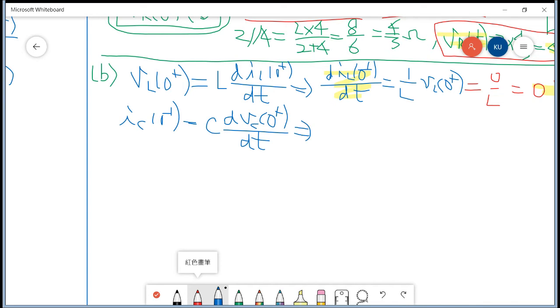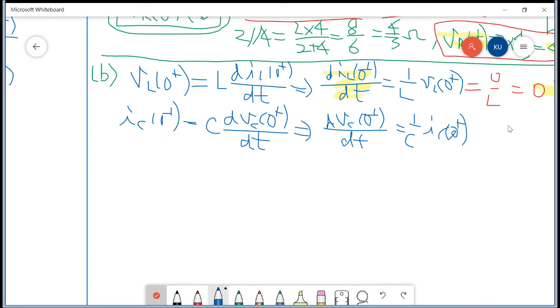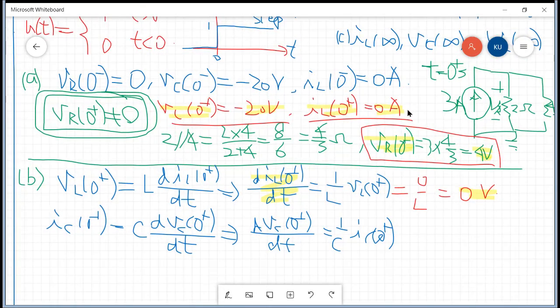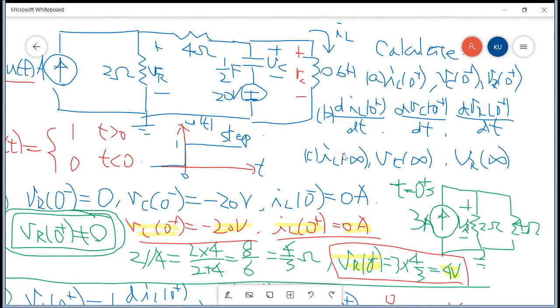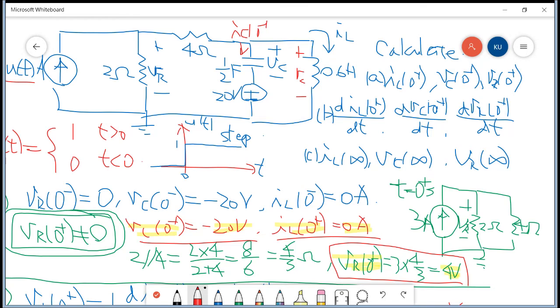And thus we can write that dVC(0+)/dt is actually 1 over C times IC(0+). So actually we would like to find IC(0+).